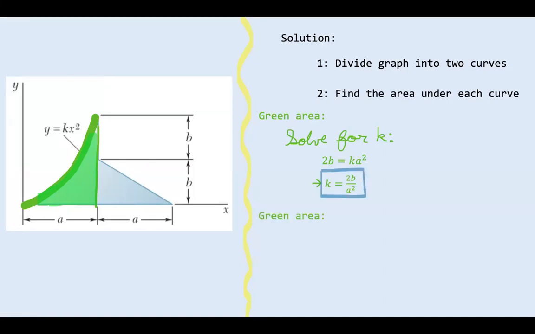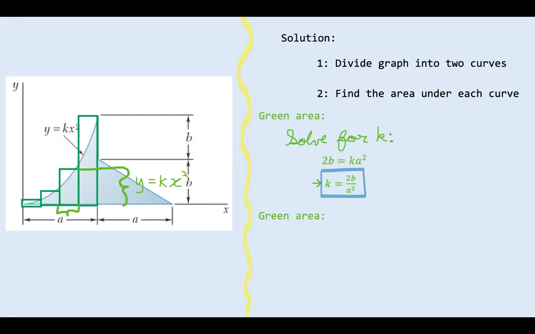For the green area, we can then divide it into rectangles to approximate the area under the curve, like we do in integration. If we're using a right endpoint for approximation using these rectangles, the height of each individual rectangle is equal to y equals kx squared, the height of the curve.